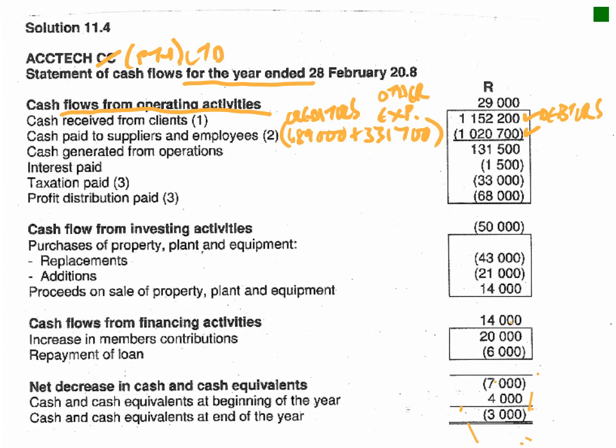It's in a bracket. So we reduce the cash received from clients by the cash paid to suppliers, and that gives us cash generated from operations of 131,500. So during this current year, from actually operating their business, they received 131,500.